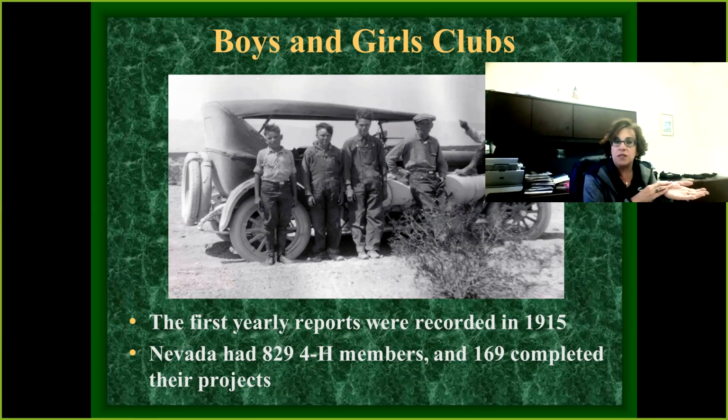If you remember me talking about at the federal level, about the same time, maybe a little bit later, they had about a 76% completion rate. We didn't quite have that, but still, 829. I think now we have, oh gosh, and you'll actually hear what number we have, about 54,000 youth that are in 4-H.